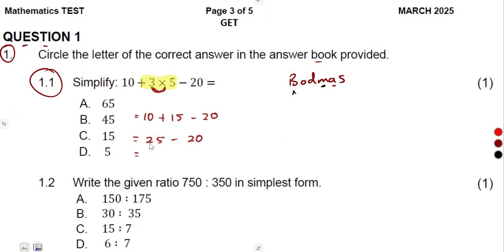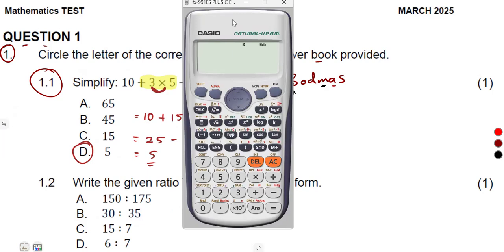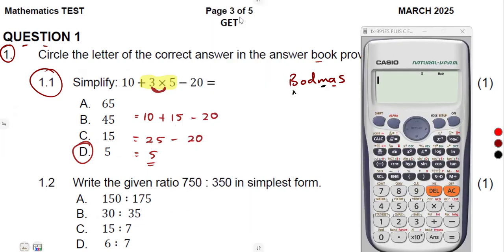From 25, if we subtract 20, we remain with 5. So the best answer is D. You can even verify this with your calculator: 10 plus 3 times 5 minus 20 gives a positive 5.